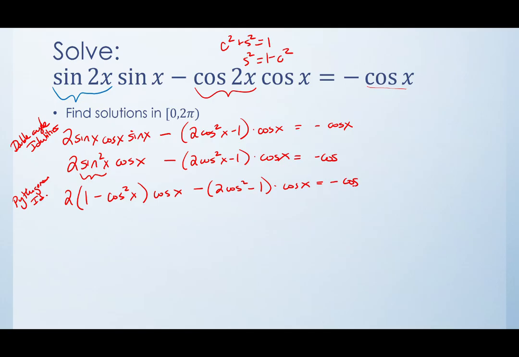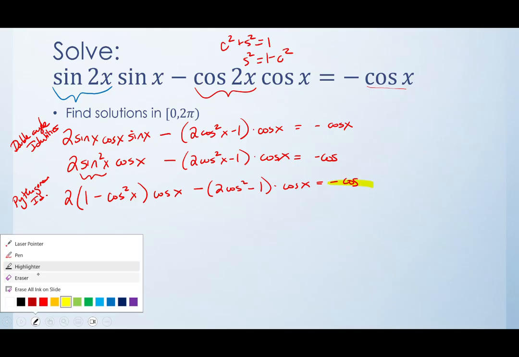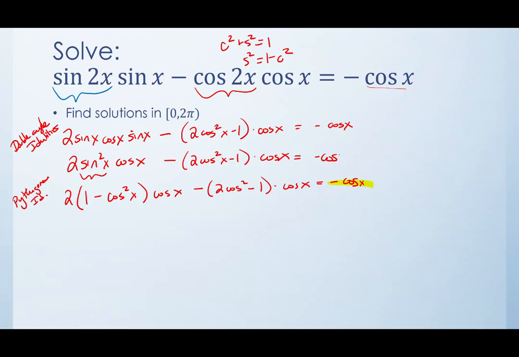So here's what I'm going to do, though. You'd be tempted here to divide by cosine. Okay. But if you're not careful about it, you're going to lose a solution. You're going to lose a solution for when cosine of x is equal to 0. So what I'm going to do is pull this negative cosine x term that I forgot to write over to the other side, and then every single term on the left-hand side is going to have a cosine, and I'm going to factor it out.